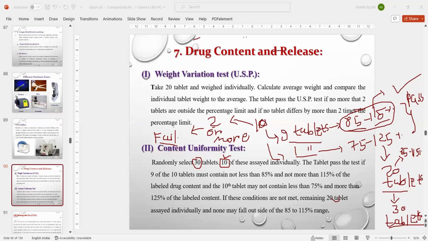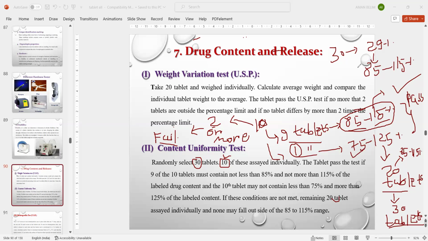So, a very important concept. In total, out of 30 tablets, 29 must be in the range of 85 to 115%, and one tablet can be allowed between 75 to 125%.